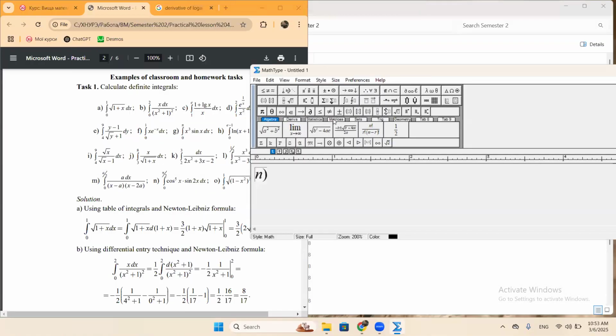So we have such a trigonometric expression: cosine of x to the power of 5 multiplied by sine of 2x dx.